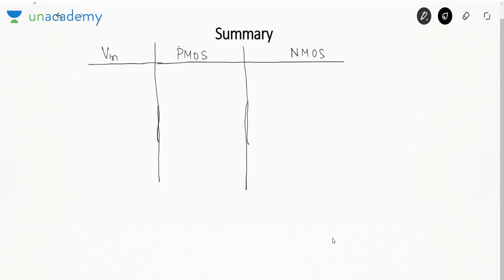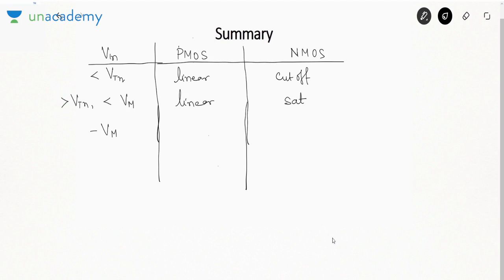First of all, the first case was less than VTN. Here PMOS was in linear region and NMOS was in cutoff. Then the next case was greater than VTN but less than VM. Here PMOS was in linear and NMOS was in saturation.